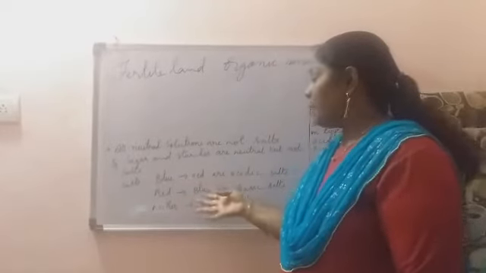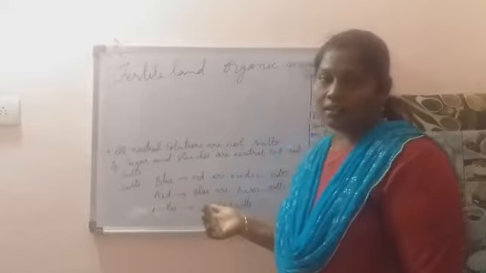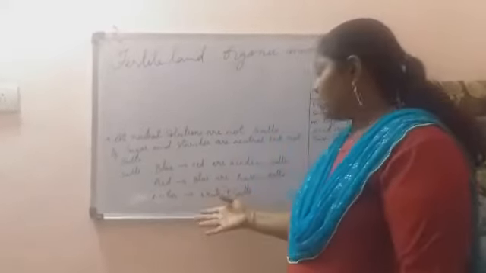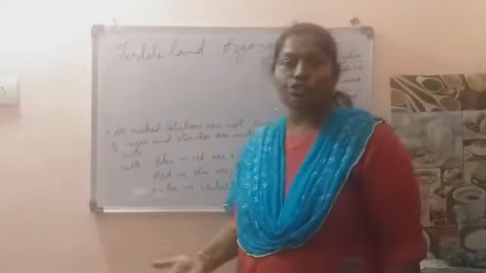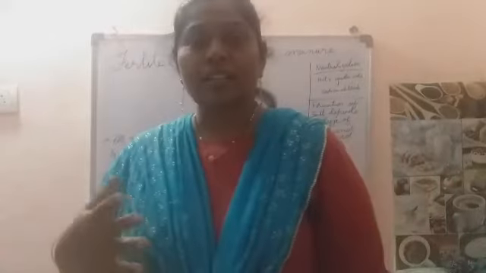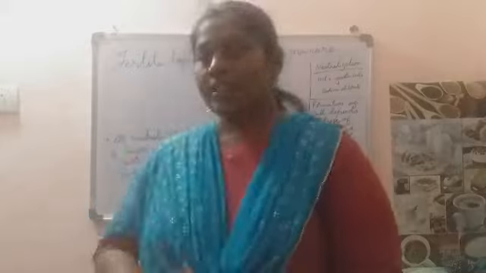And the red litmus paper turning blue shows a basic salt. Okay, children. And next, if there is no change in color, it is called a neutral salt. So we are getting acidic salts, basic salts, and also neutral salts.